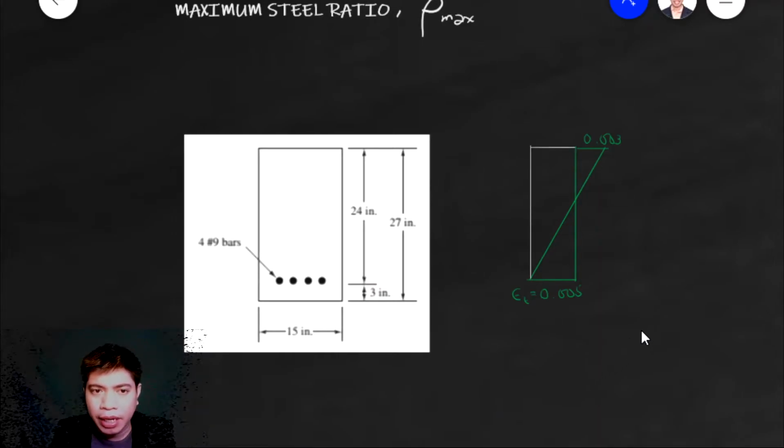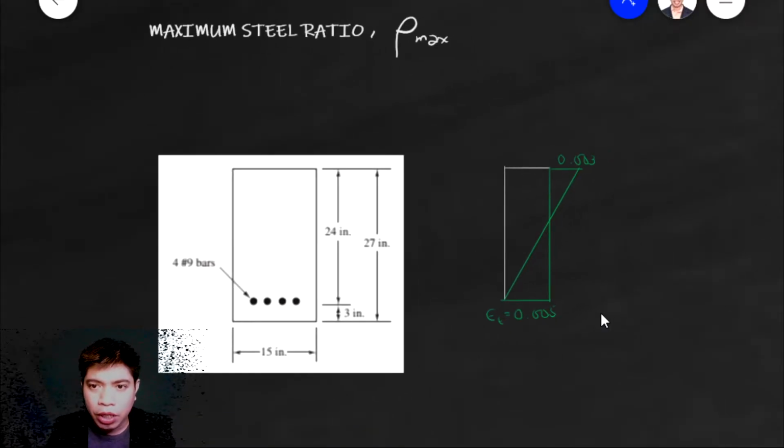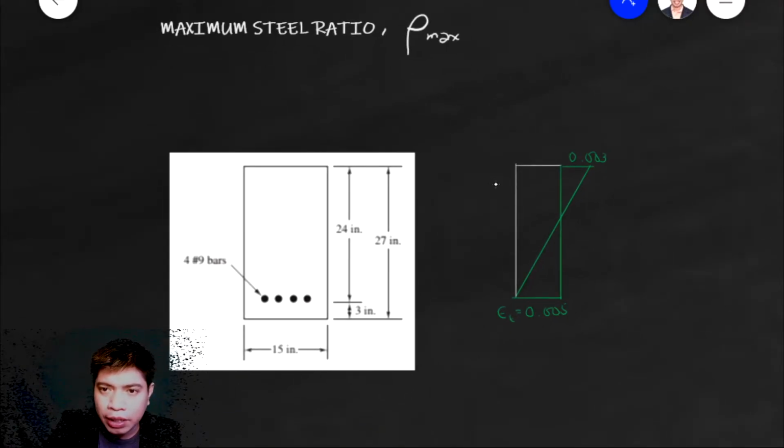Binuo ko lang itong triangle, at ito yung ating effective depth which is the D. Itong horizontal length na to is the tensile strain which sinet natin sa 0.005.